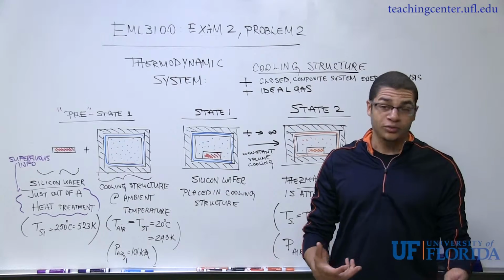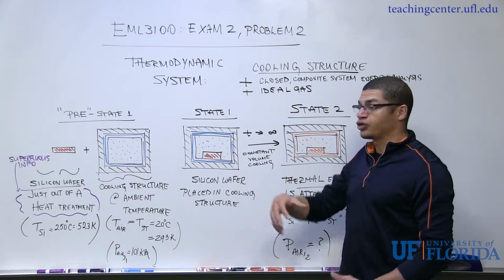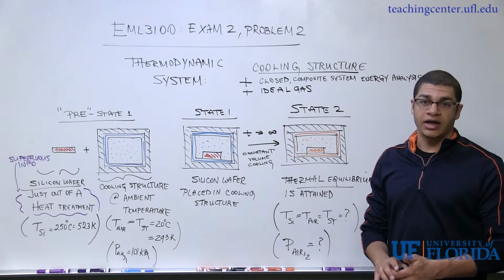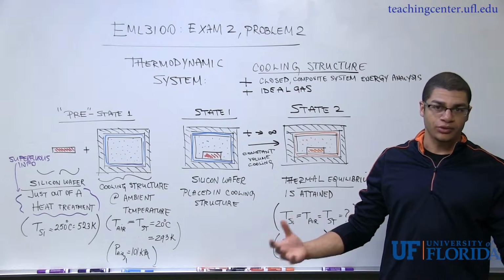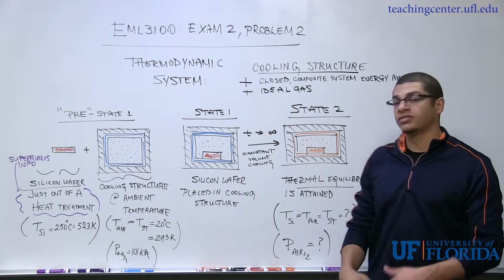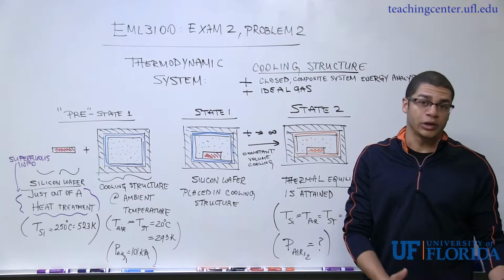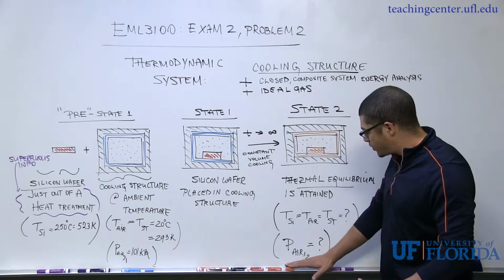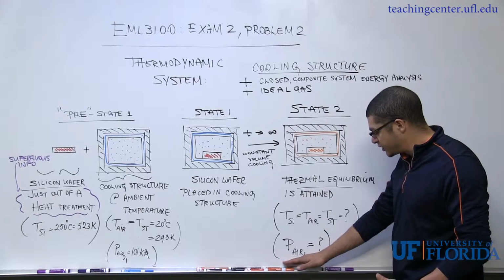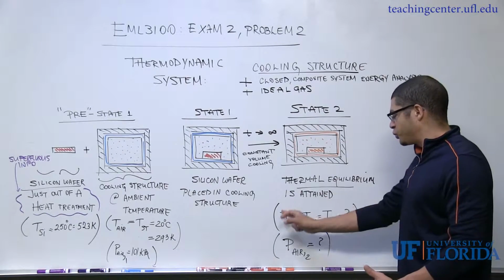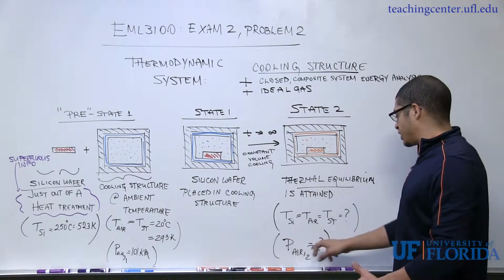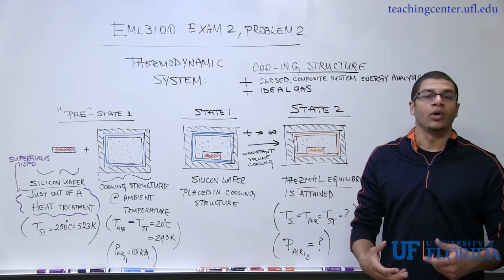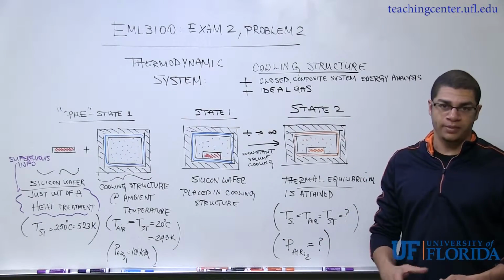And just as a thought experiment, say the air temperature is cooler after the heat transfer has diminished or is over, we would expect that the air pressure would be a little bit lower than it initially started out. But this is obviously going to be the last part of our analysis, and the air temperature, which is going to be equal to the silicon and the steel temperature, is going to dictate what that final air pressure will be.